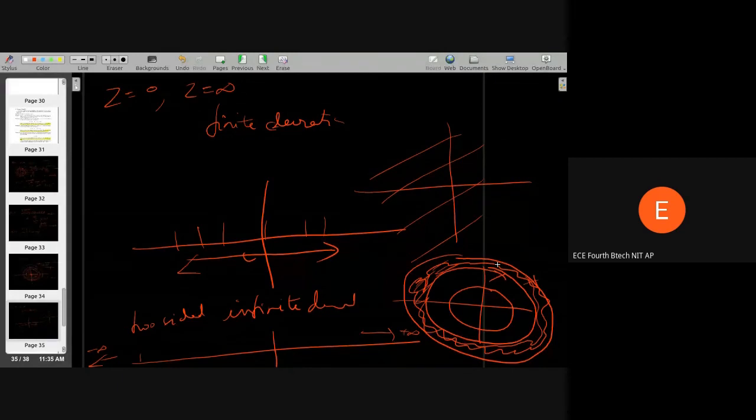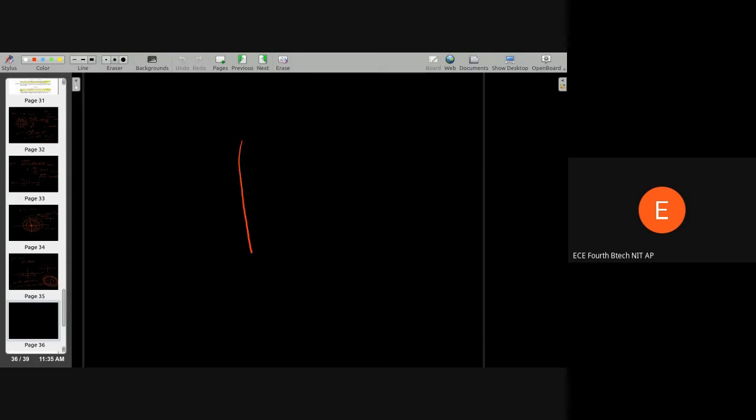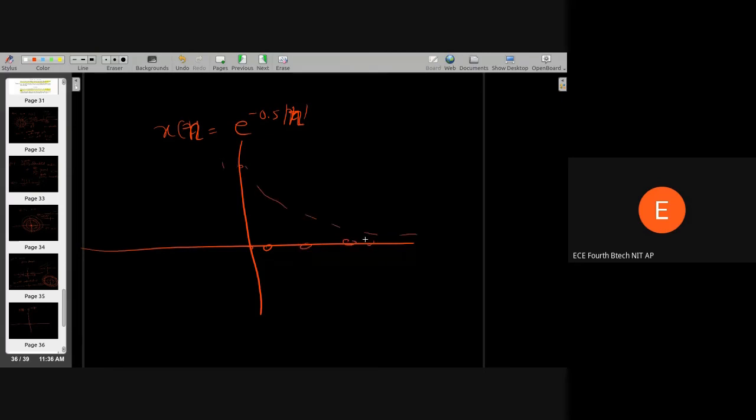For example, let's take a very simple example. Suppose your signal is like this, e to the power minus, let's say, 0.5 t. Let's say xt equal to this one. Okay, let me put xn. So this is one, but it is decreasing, again decreasing that side.